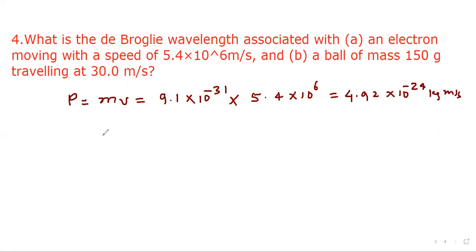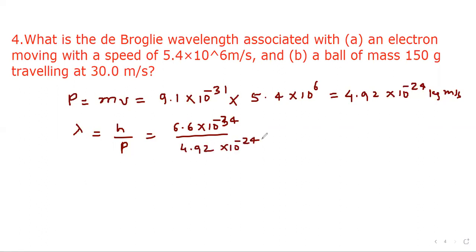We have got momentum and we know that de Broglie wavelength is given by lambda equals h upon p. So 6.6 × 10^-34 divided by the value of momentum 4.92 × 10^-24. So if we evaluate it, it will come out to be around 0.135 meter.